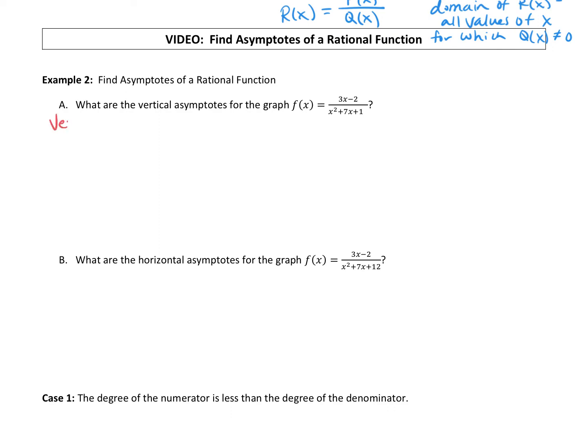Vertical asymptotes occur at the x values where the function is undefined.